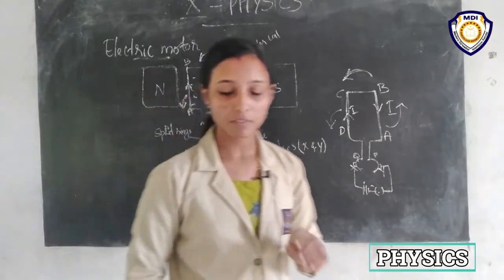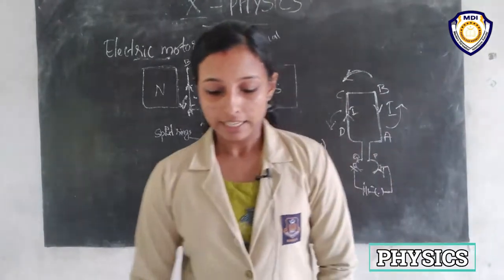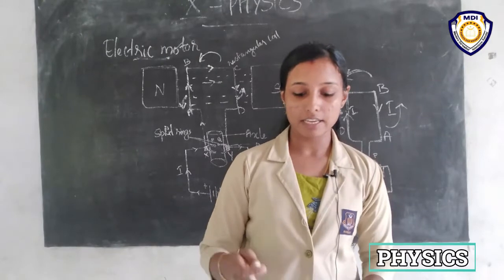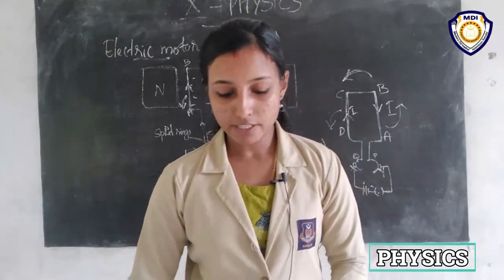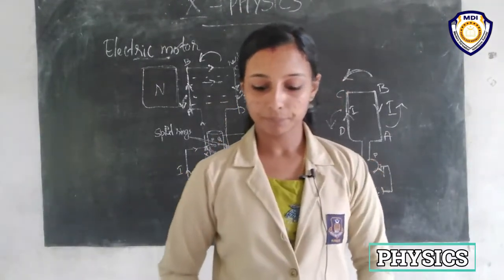So we can go through your textbook. An electric motor is given in figure 13.15, and it consists of a rectangular coil ABCD of insulated copper wire.